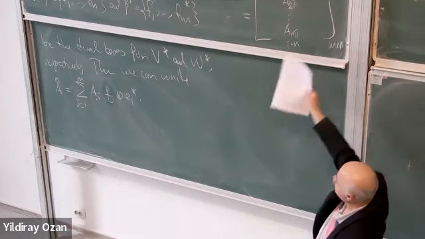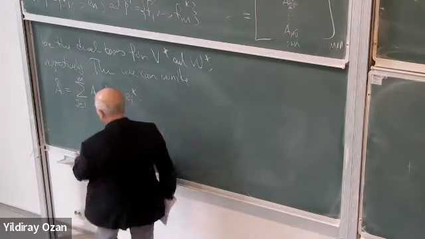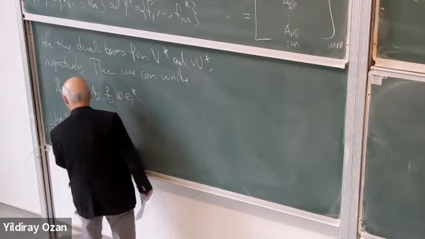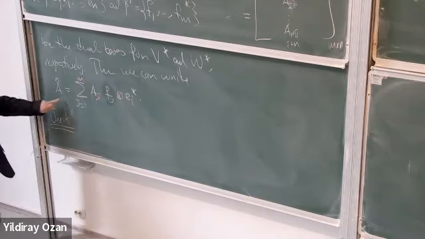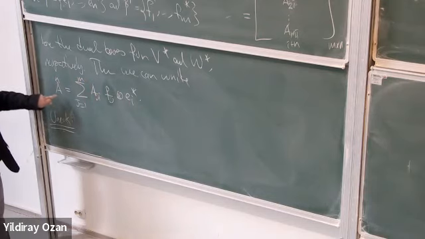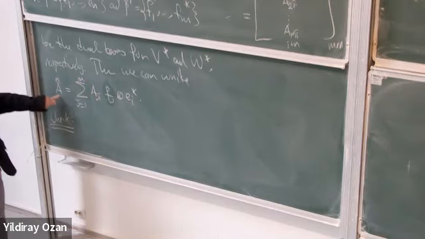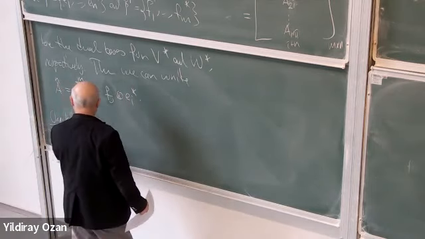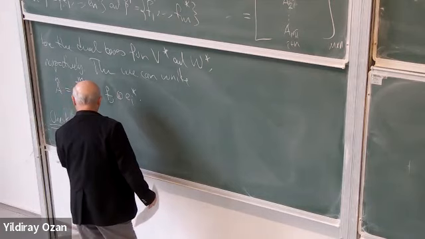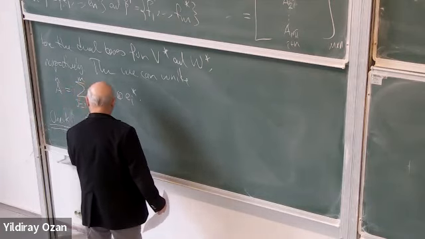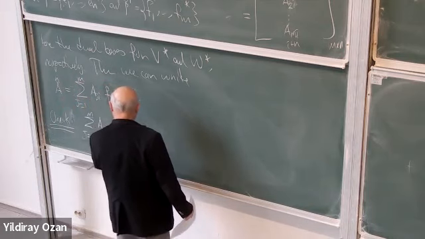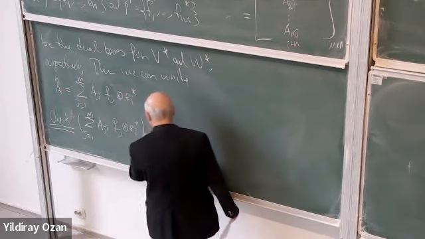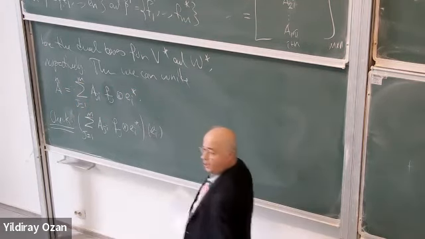So just looking at this, I can write this. Let's check whether this is correct. I need to check the following: when I feed this guy with e_i, I should get that expression.